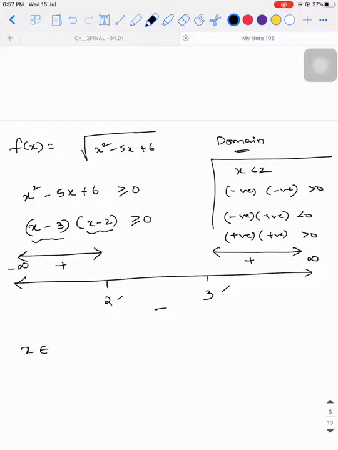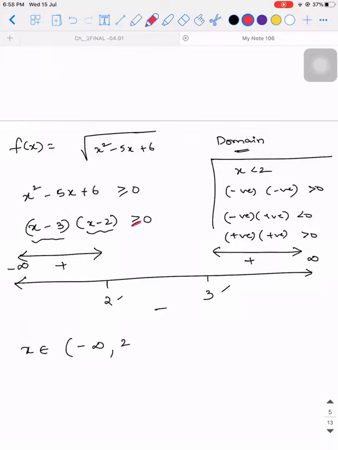So x belongs to, come from the left hand side, all real values, minus infinity, open bracket 2. Tell me clearly. It is closed bracket. Why? Because you have an equal to sign.